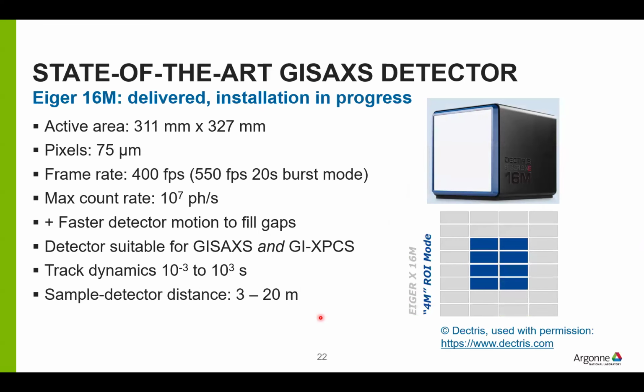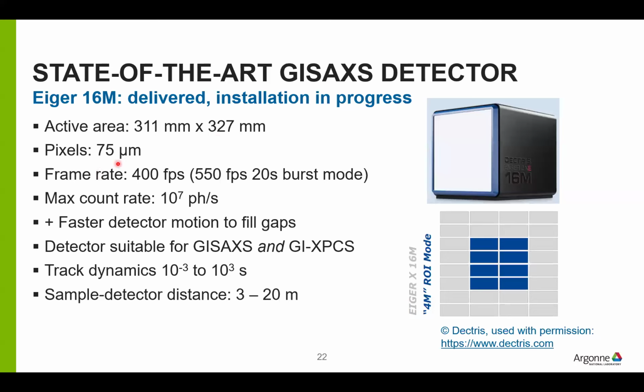Okay, and our workhorse detector is going to be this new Eiger 16M detector, which is actually installed, I should say. I should have updated that. You can see the specs here. The main thing, it's large format, about twice as large active area as our Pilatus that we used to use.